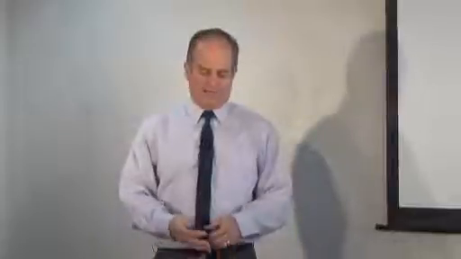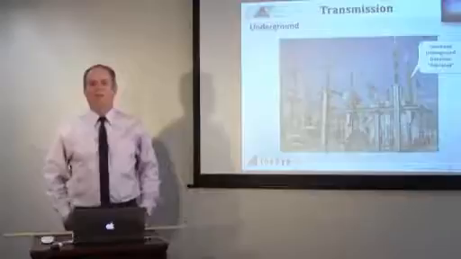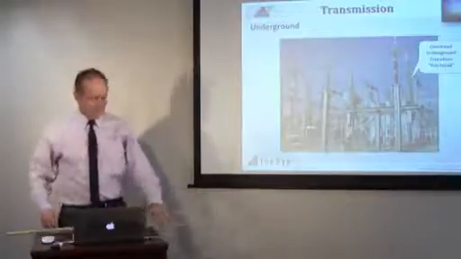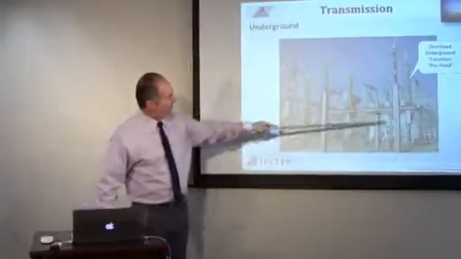Here we have a transition from overhead to underground in transmission. Now what you're looking at there is a transition called a pothead. Let's start over here with the transformer in the background.